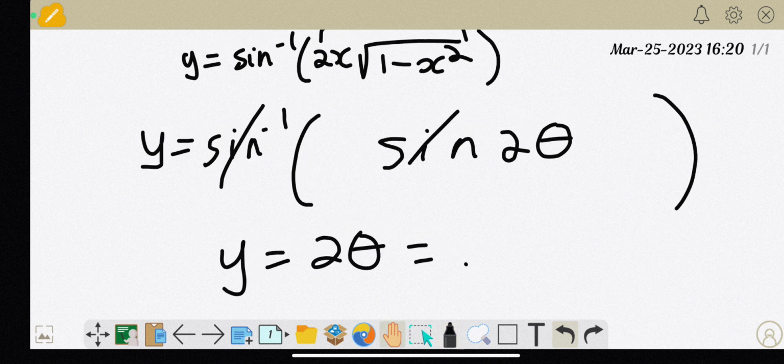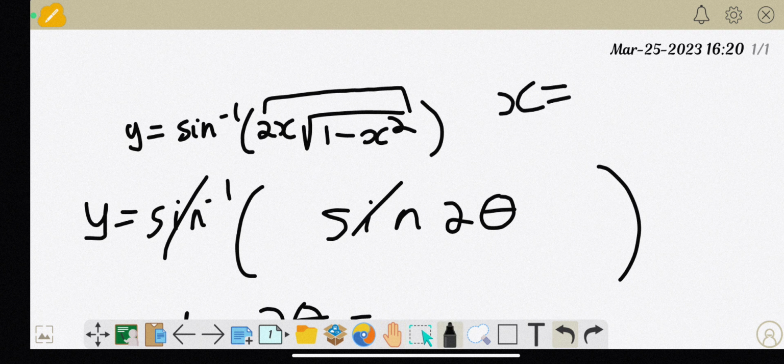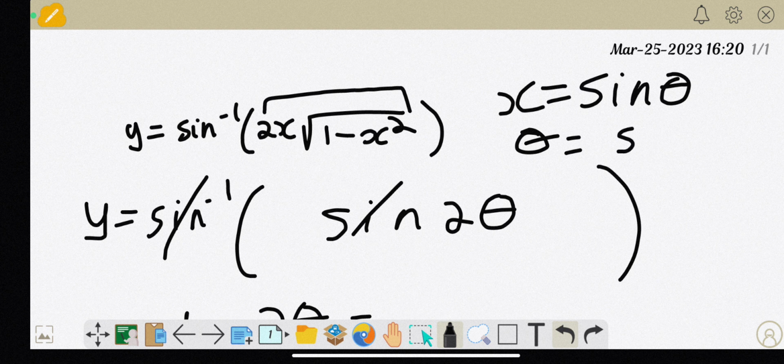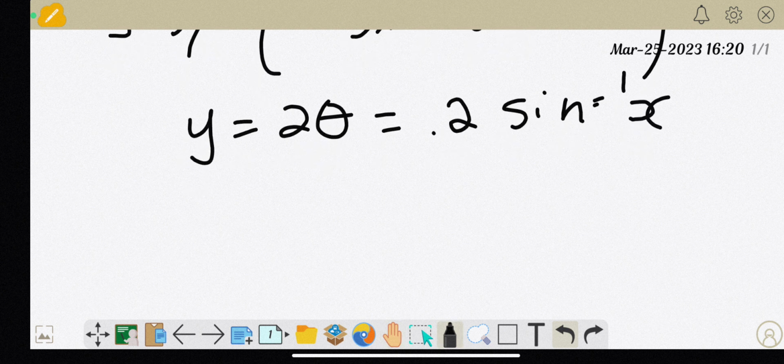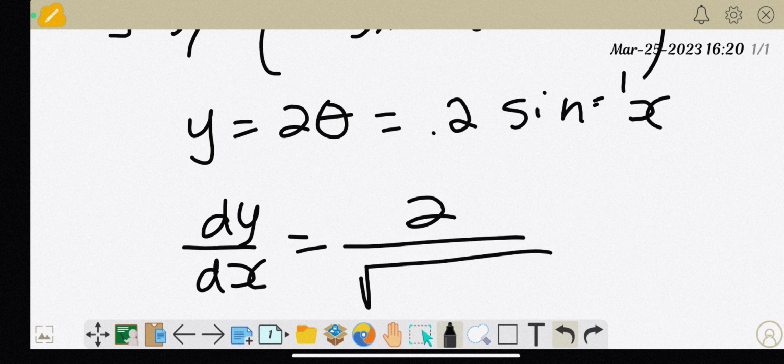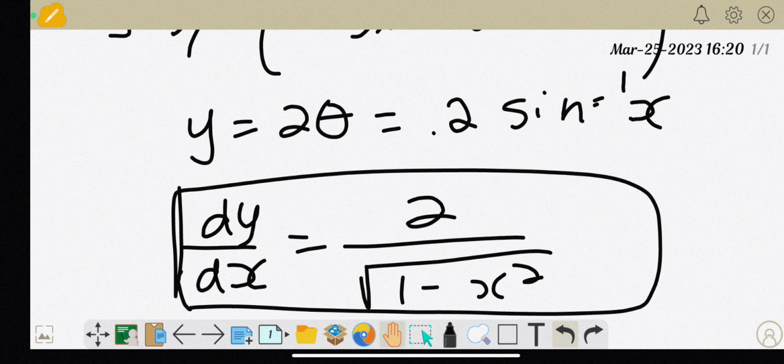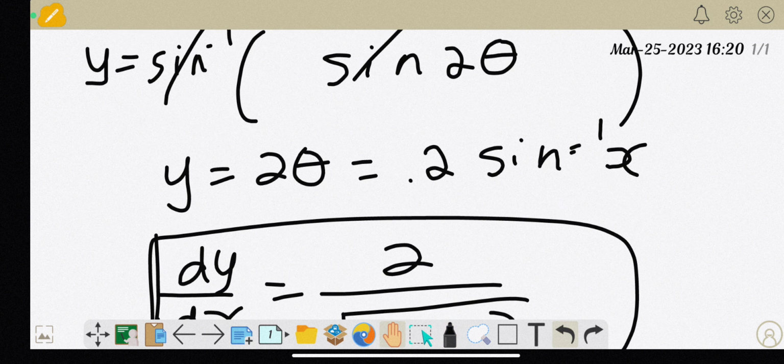We chose x is equal to sin theta, right? So theta is equal to sine inverse x. Now what we can do is differentiate on both sides. So this will be our answer.